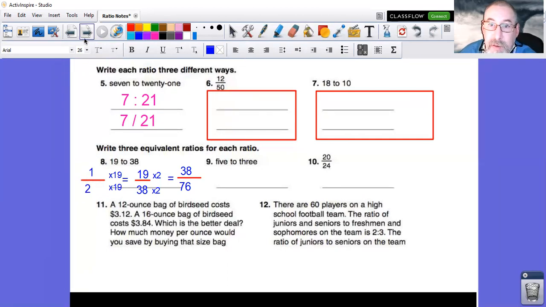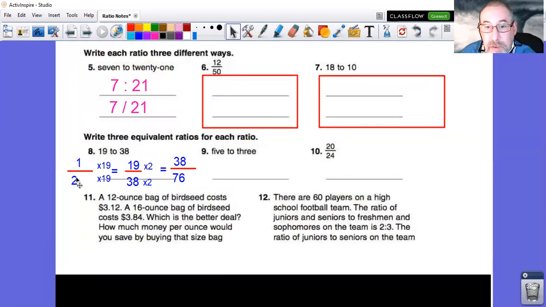So here's another equivalent fraction. 1 times 19 gives me 19, 2 times 19 gives me 38.